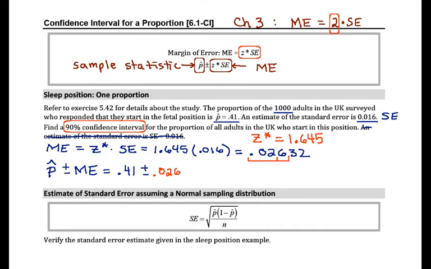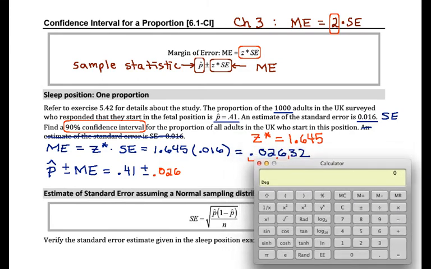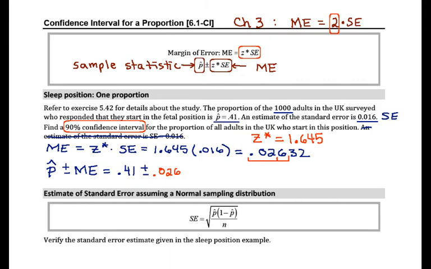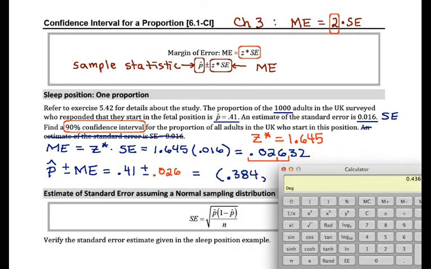And then I can bring in my calculator again, subtracting to find the lower bound and adding to find the upper bound. So 0.41 minus 0.026 gets me 0.384, and 0.41 plus 0.026 gets me 0.436.